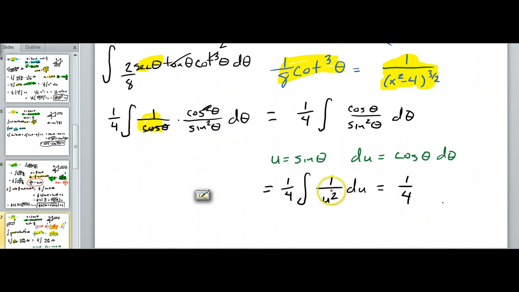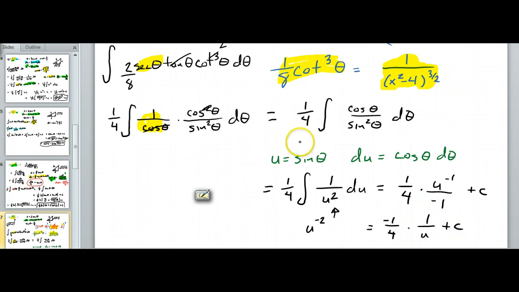Then the antiderivative of 1 over u squared is, if you think of this as u to the negative 2, add 1, negative 1 divided by 1. So u to the negative 1 over negative 1 plus c, which is negative 1/4 times 1 over u plus c.